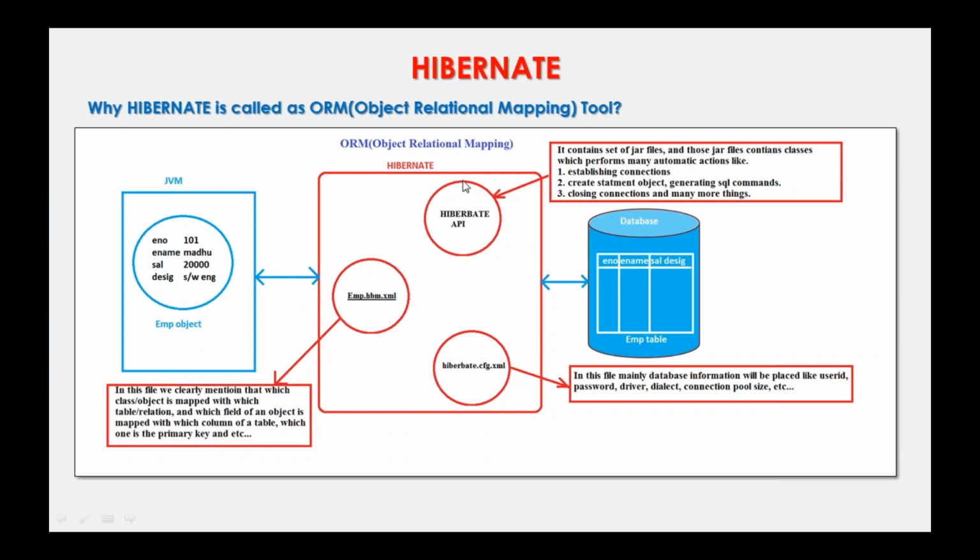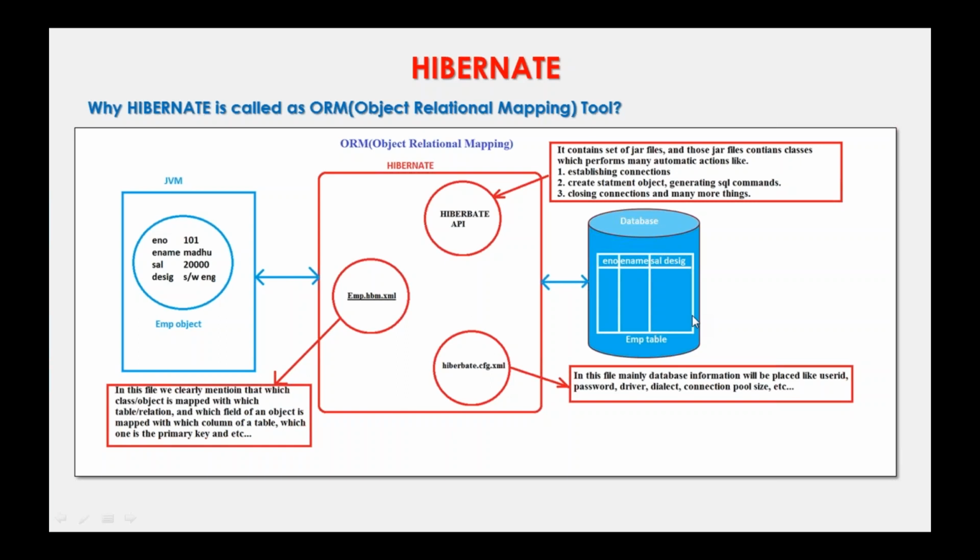Now tell me, to the Hibernate API, what are you giving? Two files you are giving. One is the mapping file, the second one is the configuration file. The mapping file contains the information about mapping a Java object to the database object, a database table. You know that? Sometimes in databases, a table is also called a relation, even though it doesn't give the correct meaning.